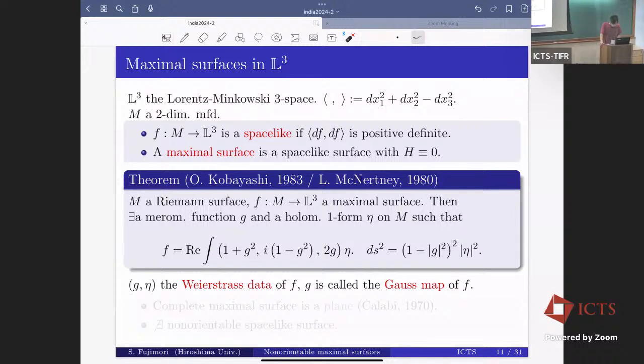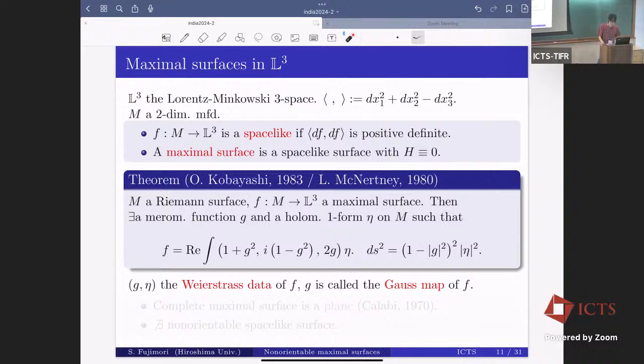And so the G and the eta are called the Weierstrass data of F, and G is now called the stereographic composition of the unit normal vector field and stereographic projection. But the Gauss map, the unit normal vector field, takes values in H2, not S2.